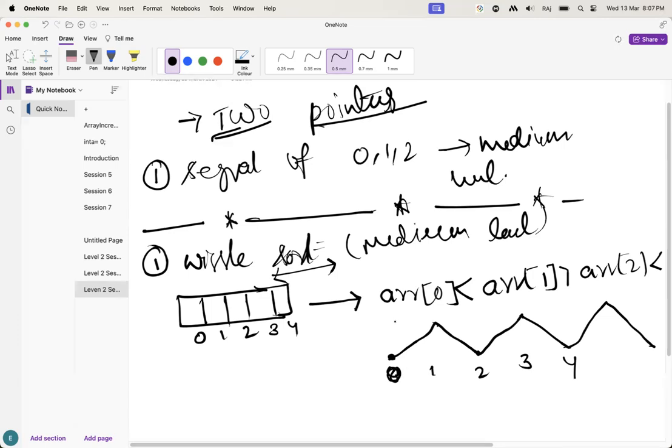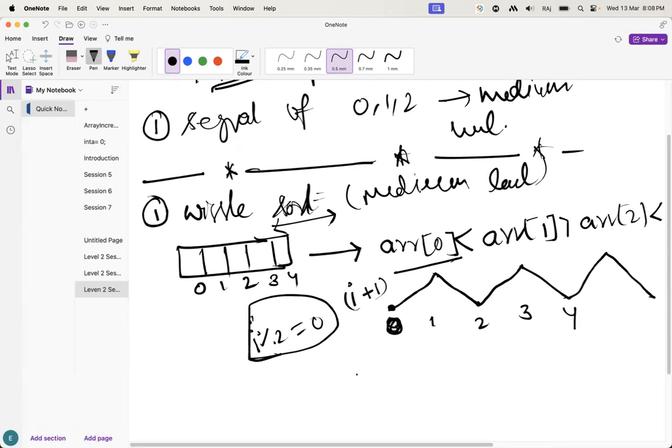How are we going to find it, guys? I percentage 2 equal to 0. That index is supposed to be less than the beside index, that means I plus 1. Right, guys? You can check here. This is the 0th index. How are we going to check? I percentage 2 equal to 0 means that is an even index.